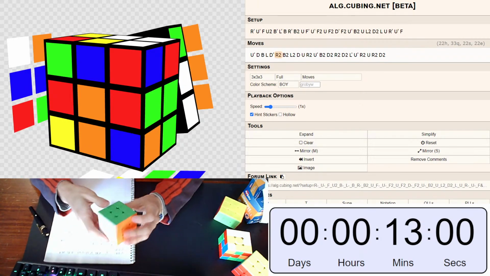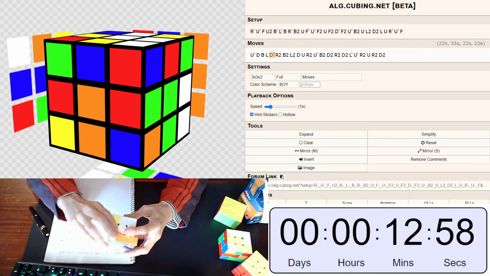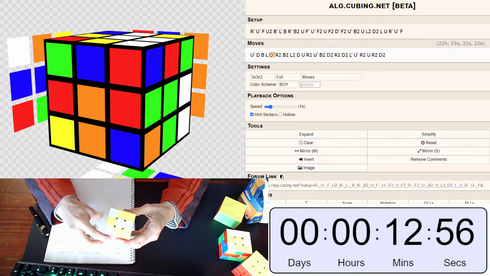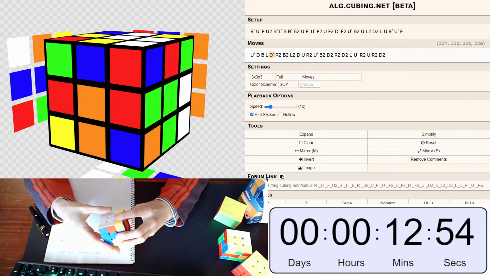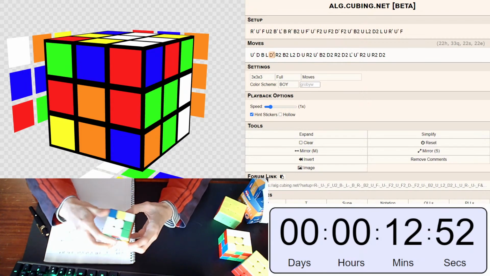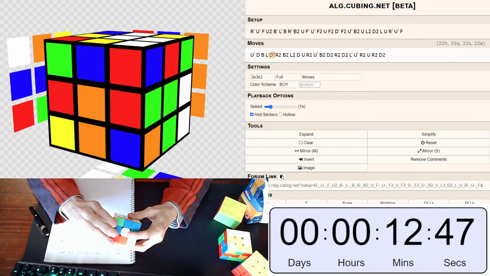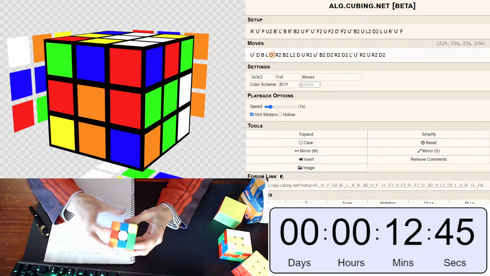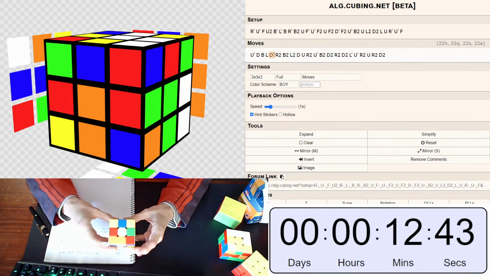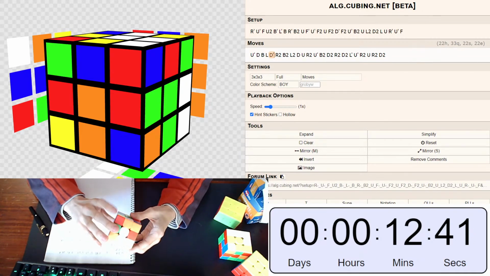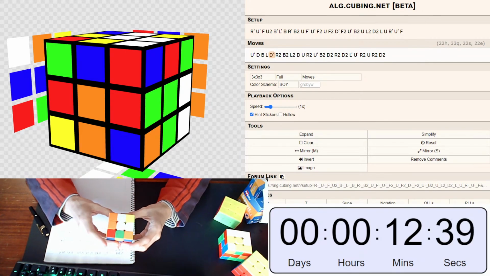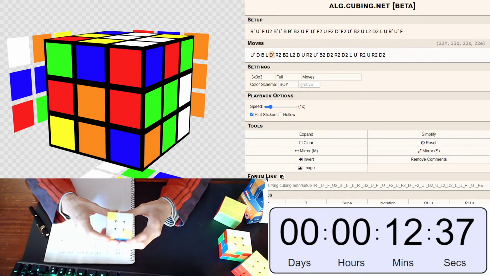So, now, R2, B2, L2, D U, R2, U prime, B2, D2, R2, D2, L prime, U prime, R2, U, R2, D2, R prime, U prime, F, U2, B prime, R prime, B2, U, F prime, U prime, G, U, F, G, G prime, F, G, U prime, B2, U, L2, D2, E prime, D, B, L, D prime.